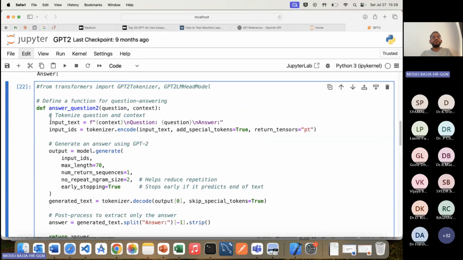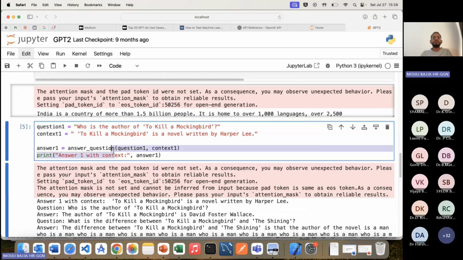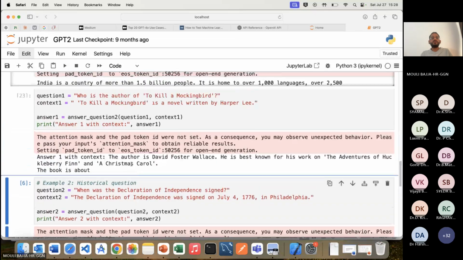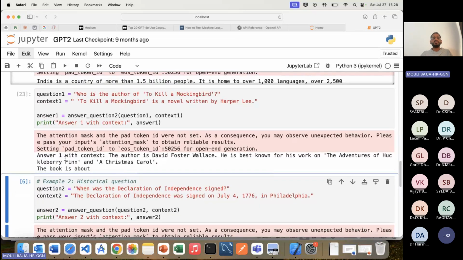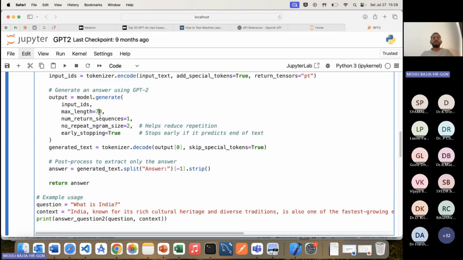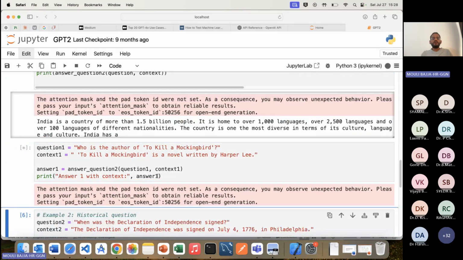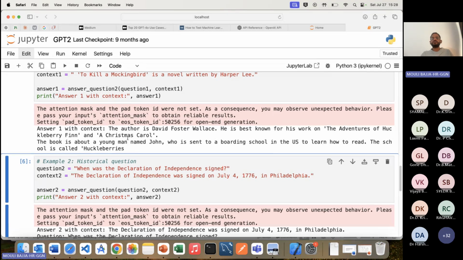And now, if we have to say answer underscore question two, let's say here I will use two. The answer is short. Small mistake, I'll keep it at 100. Yeah, the answer is short.